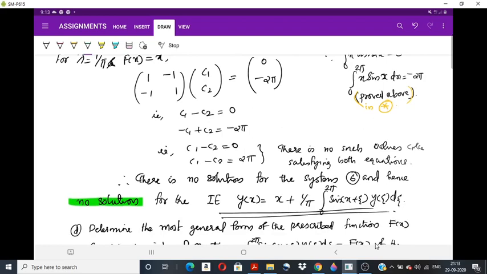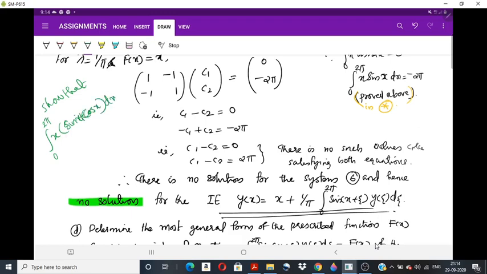So there is no solution for the case f of x equal to x and lambda equal to 1 by pi. Or here we can show that f of x equal to x is not orthogonal to the corresponding characteristic function y1 of x, where y1 of x is sin x plus cos x.